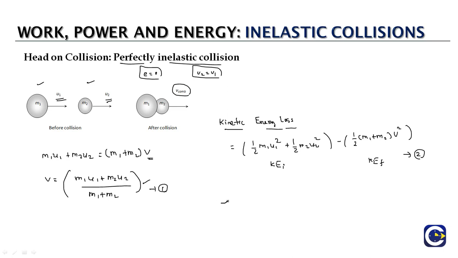Let us say, for example, we have an object of mass m1 coming like this with a velocity u1, and another object of mass m2 coming at an orientation with a velocity u2, and these two may have a perfectly inelastic collision.